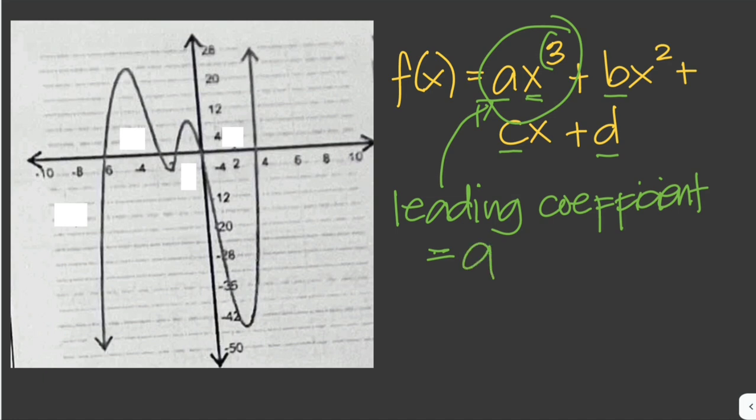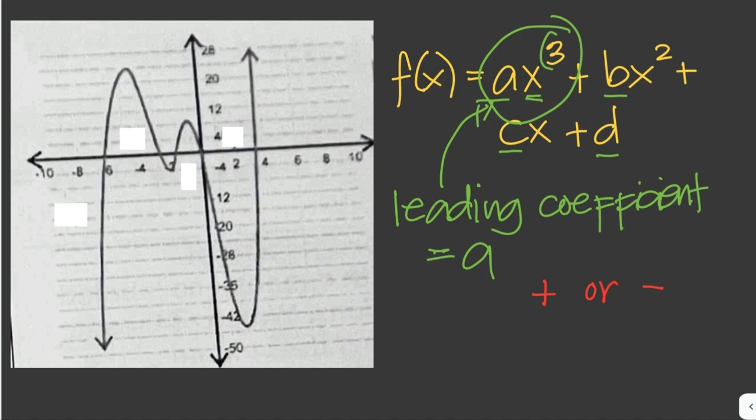Now, how do we determine the sign of the leading coefficient? There are only two signs of the leading coefficient. It could either be positive or negative. And how do we determine whether the leading coefficient is positive or negative given a graph? Now, the sign of the leading coefficient depends on the end behavior of the given graph.